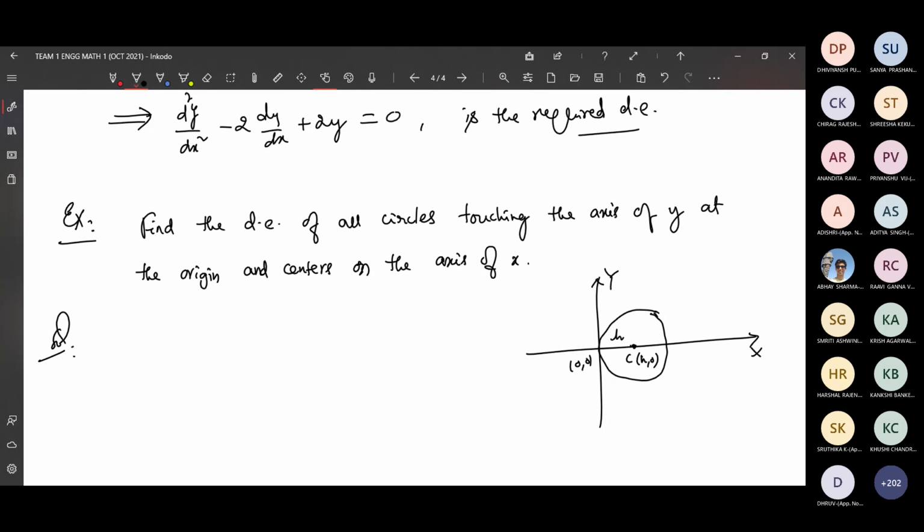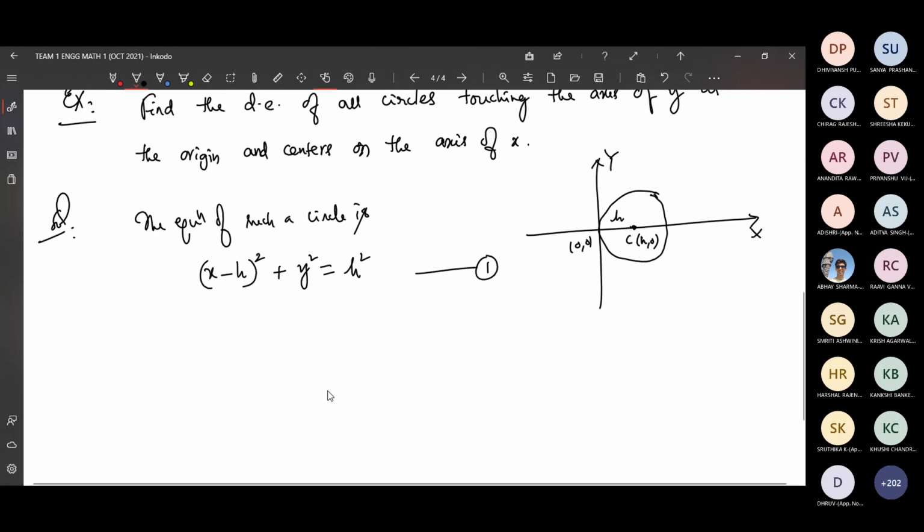So the equation of such a circle is: x is shifted by h, meaning h distance, so x minus h whole square plus y square equal to radius h square. This is equation 1. Because h towards the x-axis, it shifted h units.